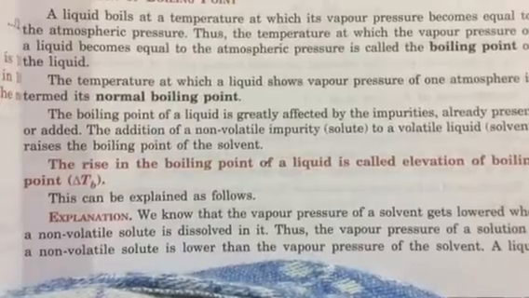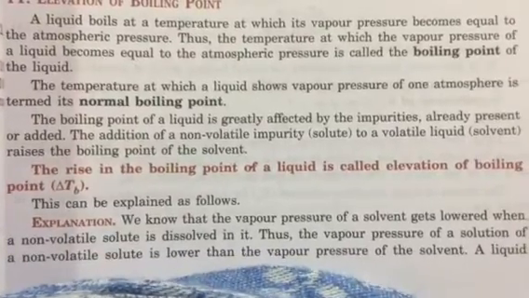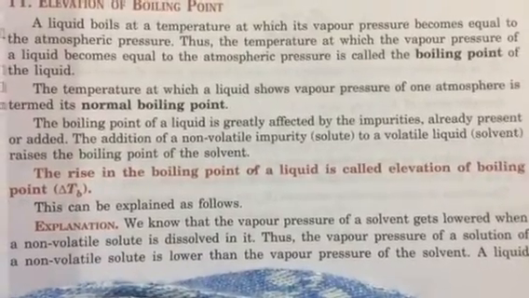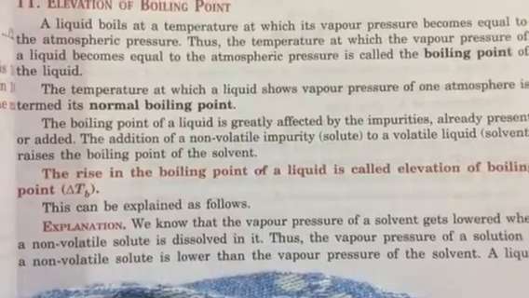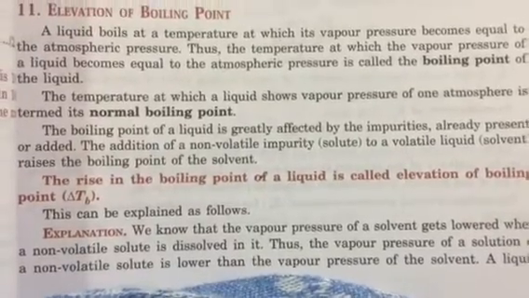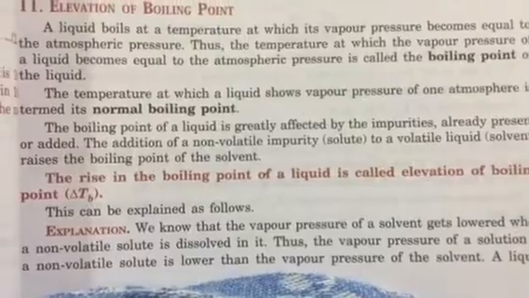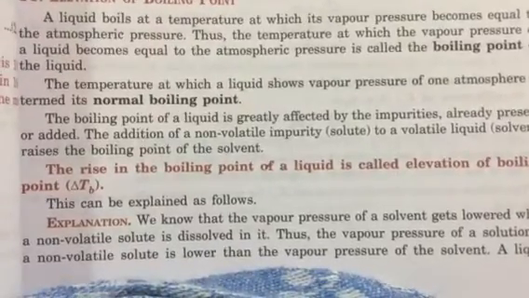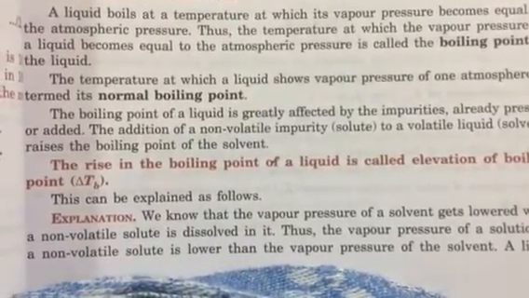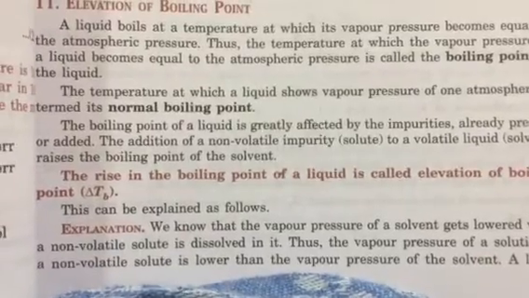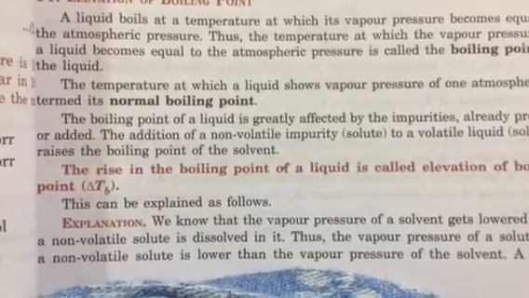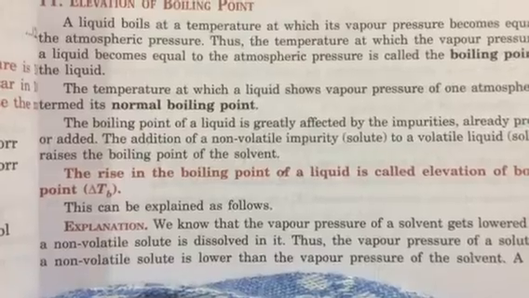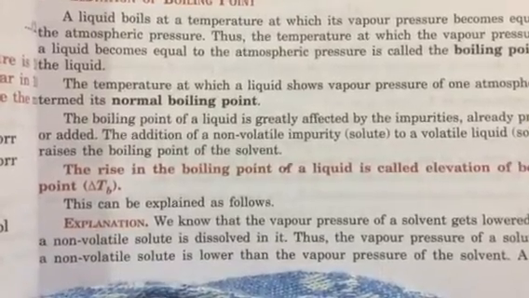The explanation says that the vapor pressure of a solvent gets lowered when a non-volatile solute is added to it. Basically it means that whenever a non-volatile solute is added to a volatile solvent, there is an interaction between the solute and the solvent.